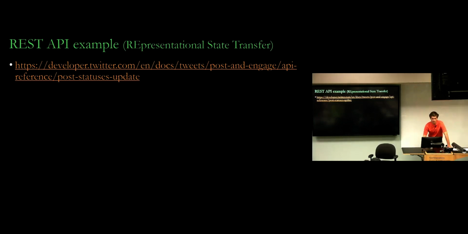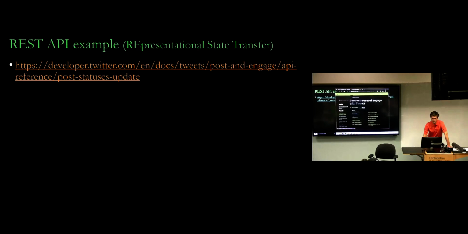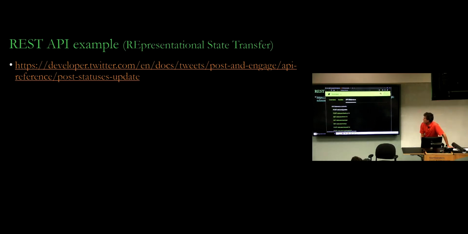So just to make it a little more concrete, here is a page documenting the Twitter API. Sorry, let me stop here. And so this API documentation shows a bunch of different types of requests we can make.